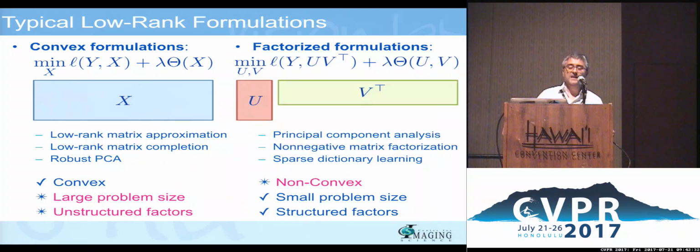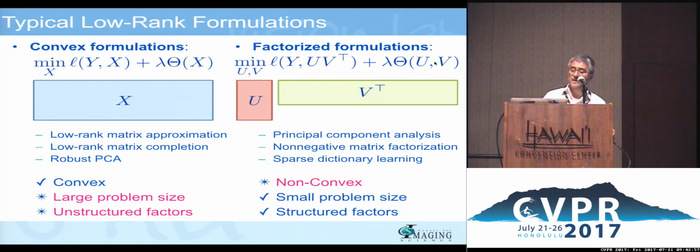And so that's why in many cases, people prefer the factorized formulation. If you know that that matrix is low rank, well, why don't you exploit that to begin with? So in that case, instead of solving for the product, X, one solves directly for the factors U and V. And so PCA, non-negative matrix factorization, sparse dictionary learning are all techniques that follow this paradigm.